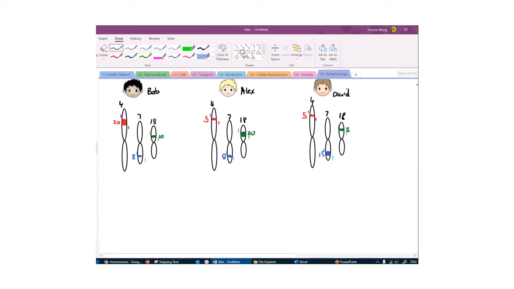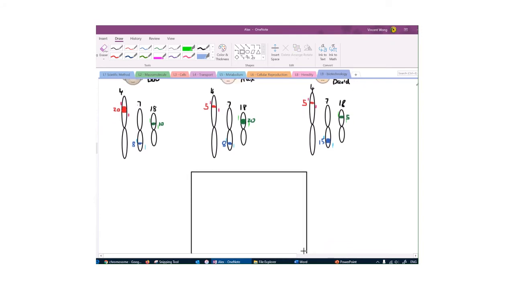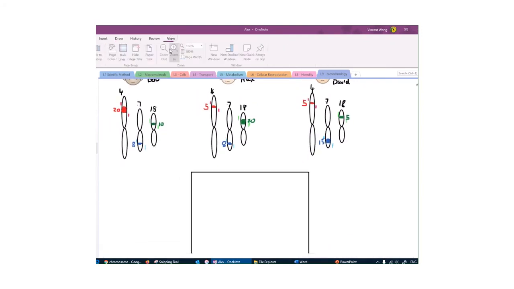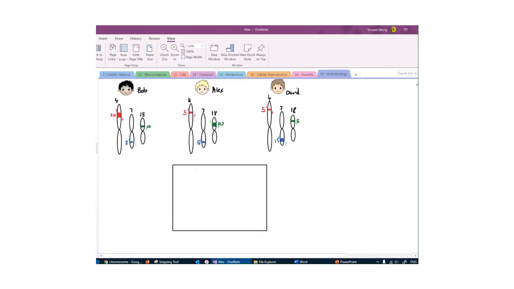Once you've cloned the DNA, the next thing you want to do is run it on a gel. Okay, so this would be your agarose gel, and you would have some wells here. For simplicity, I'm just going to put 3 wells. You would probably load a ladder here for reference, but again, we're just trying to focus on the samples we have.